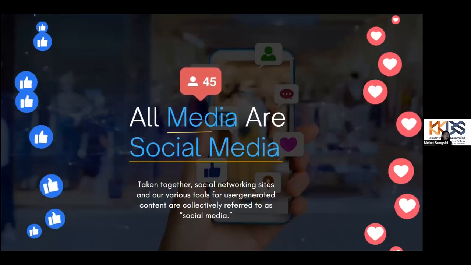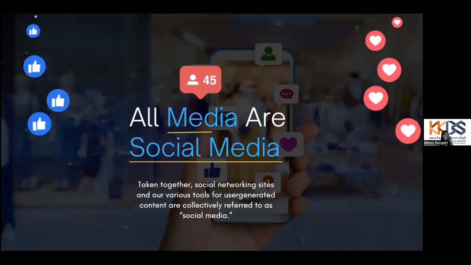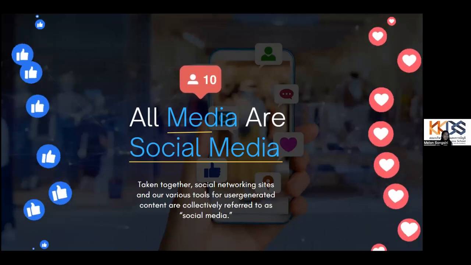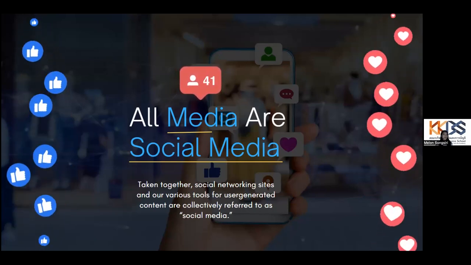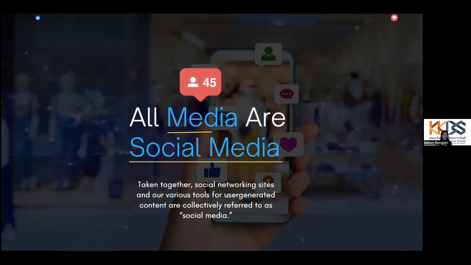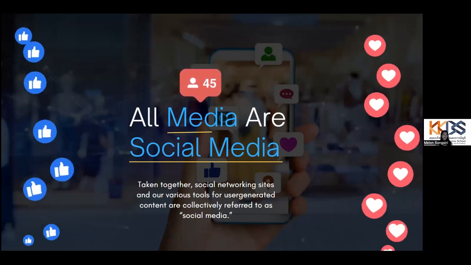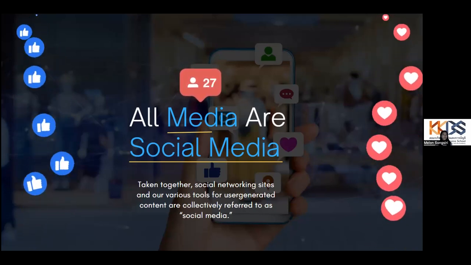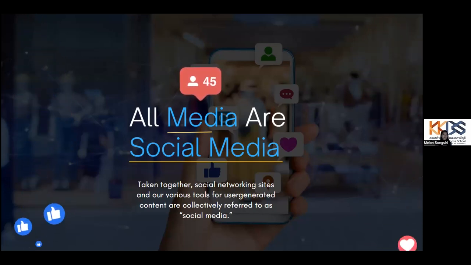Okay. For the first thing, I want you guys to know that social network sites together with various tools for user generated content are collectively referred to as social media.